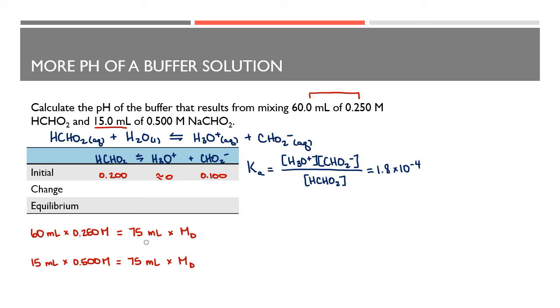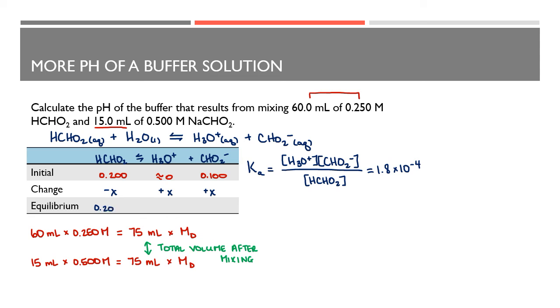Now the reason we had to do this was because once we mixed these two solutions together, the total volume of this solution changed. So we needed to know the new molarities with that total volume after mixing. So with the 75 milliliters instead of the 60 or the 15 milliliters.